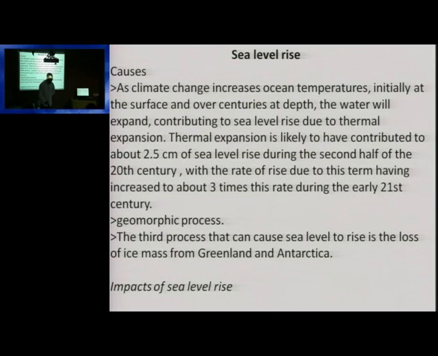The third type is the melting of ice or glacier in Antarctica and Greenland. It contributes to changes in sea level, because the area covered by the glacier is very vast, and it causes a significant effect.